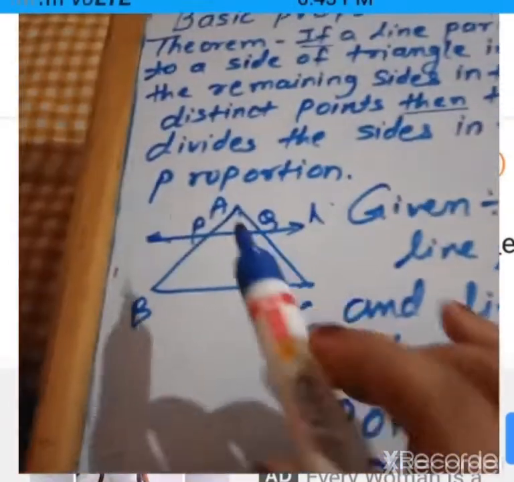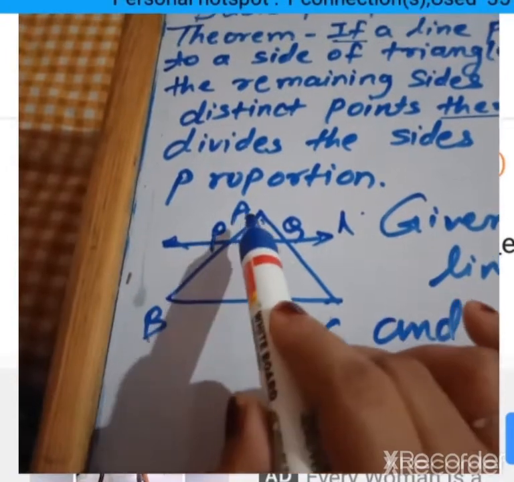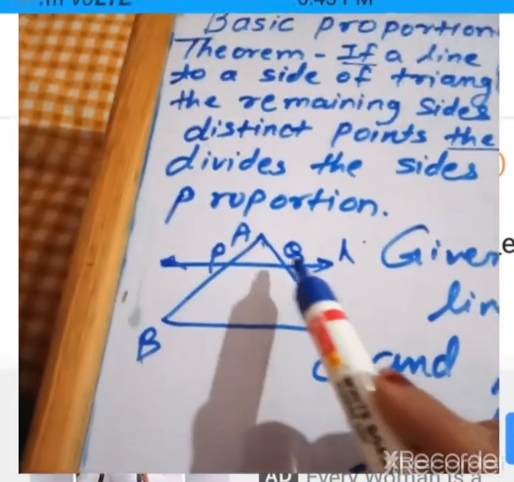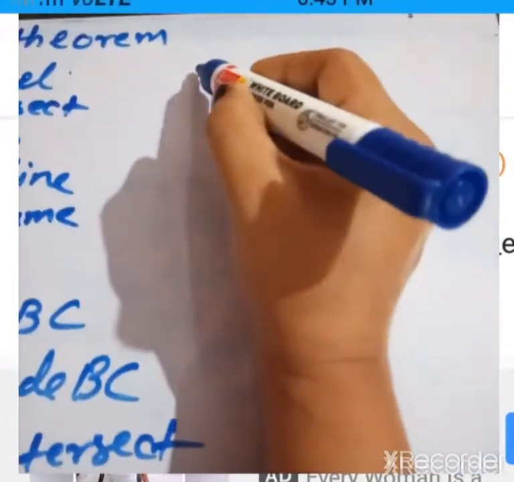That is, the line L intersects side AB at point P and side AC at point Q. That is the given.